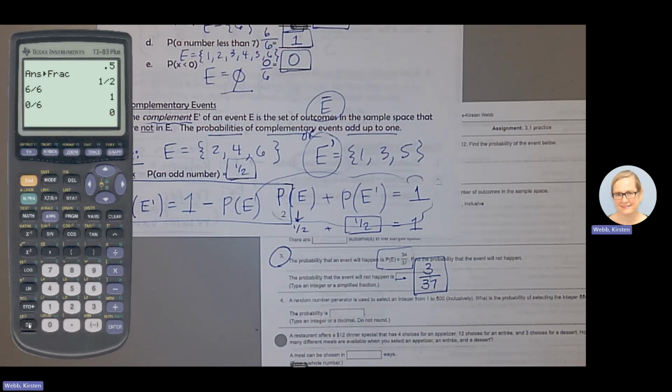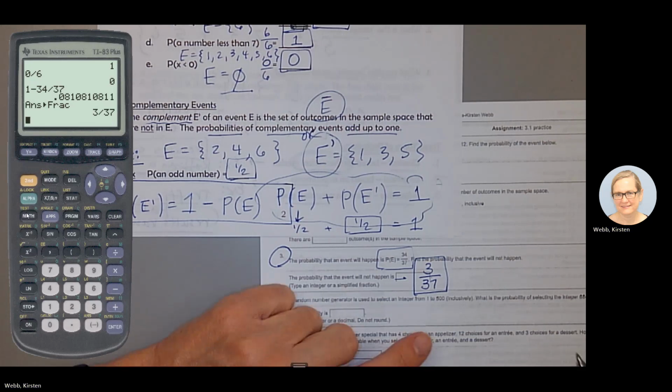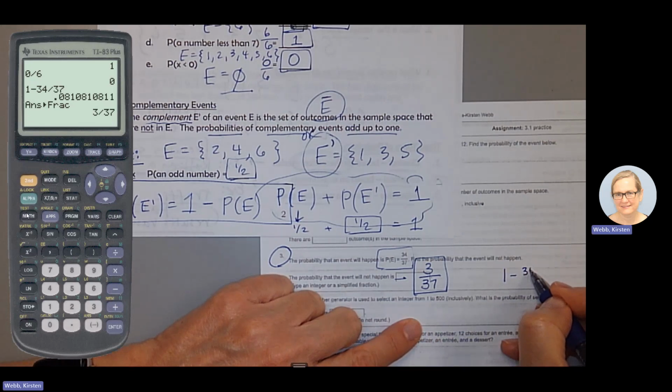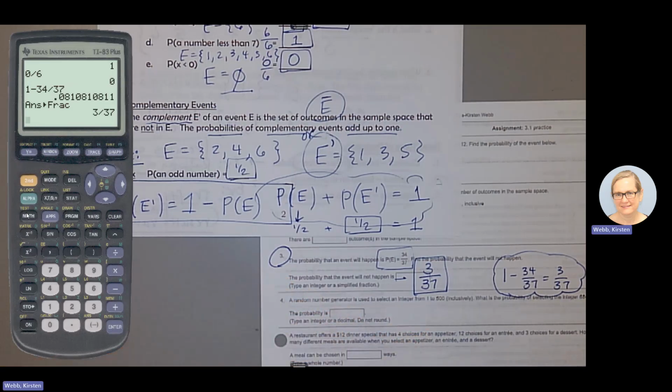I think our fraction trick would work here. If I took 1 minus 34 out of 37, I'm going to get some funky looking decimal, which we can turn back into a fraction. Take 1 minus, in parentheses, 34 divided by 37, kind of like this?